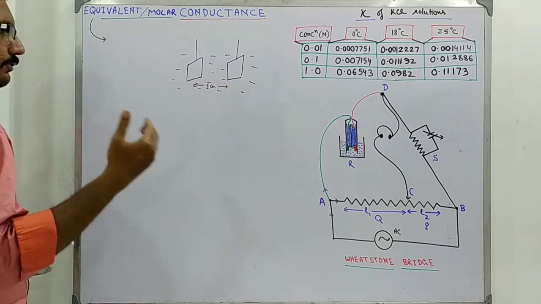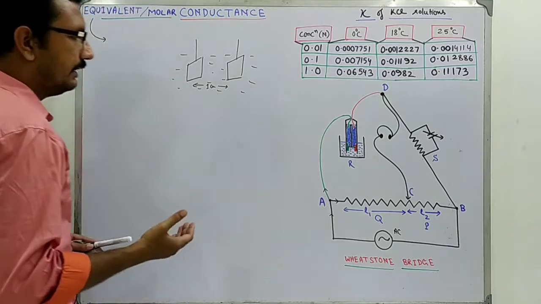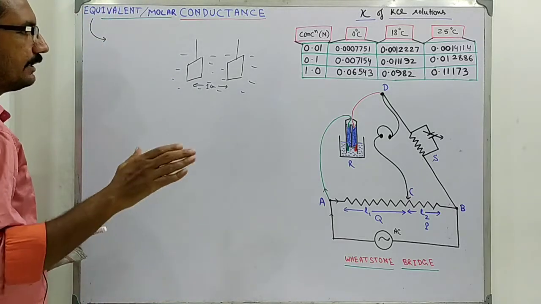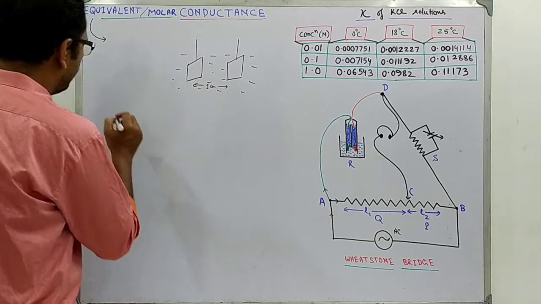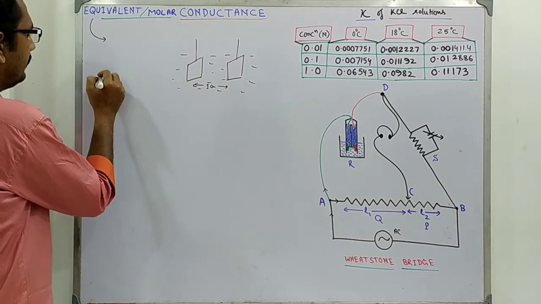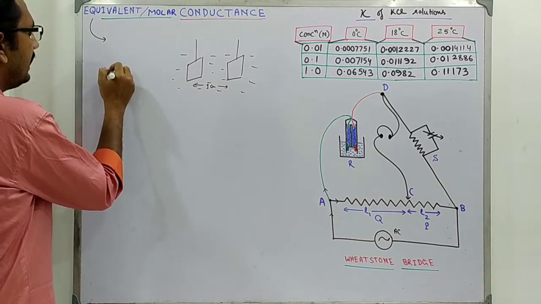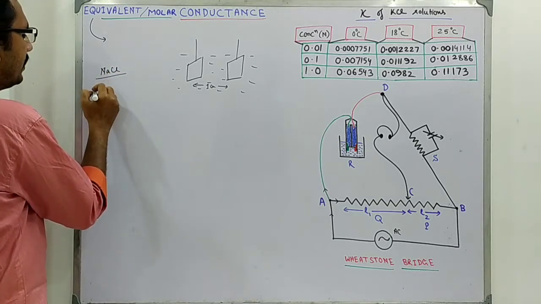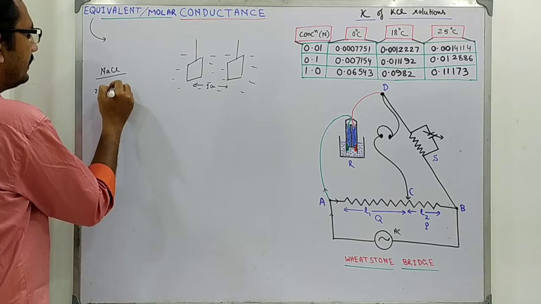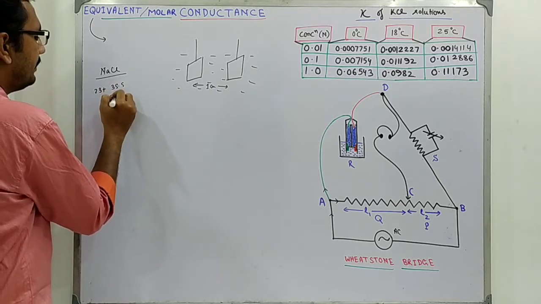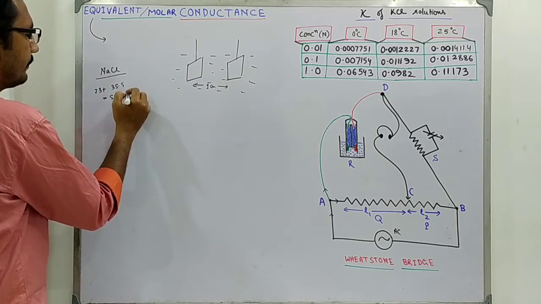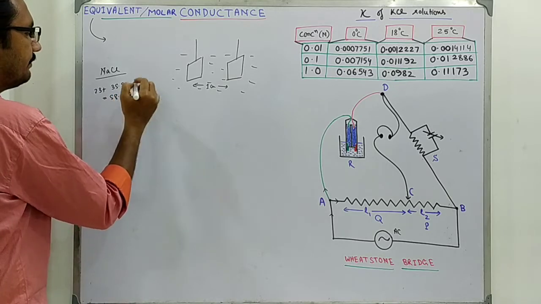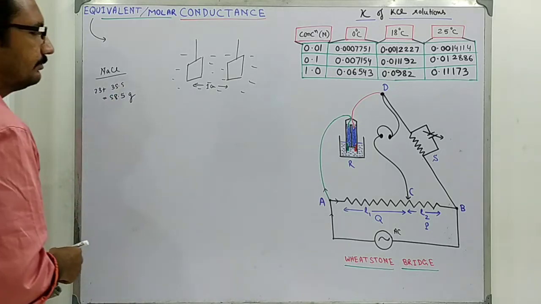Now, if we try to determine it experimentally, then a problem arises. Let us find it. If we take the electrolyte to be NaCl, then what is its gram formula weight? It is 23 plus 35.5, which is 58.5 gram.